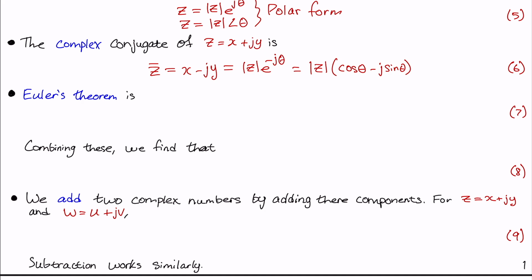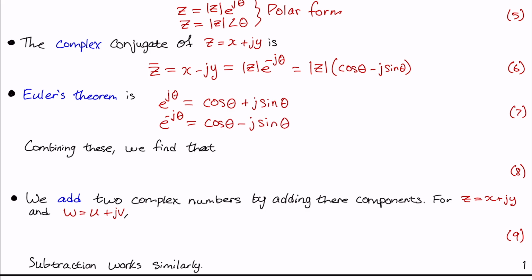So embedded in these polar and rectangular forms is what is known as Euler's theorem. Euler's theorem is that e to the j theta is equal to the cosine of theta plus j sine theta, and e to the minus j theta is equal to cosine of theta minus j sine theta.